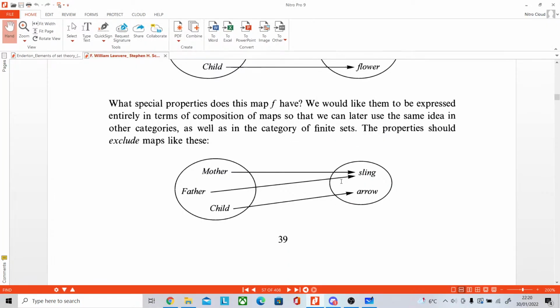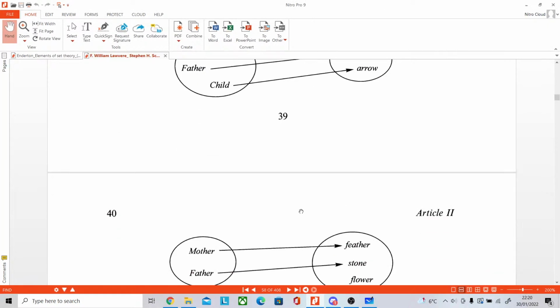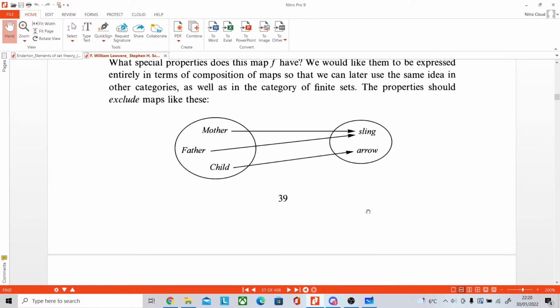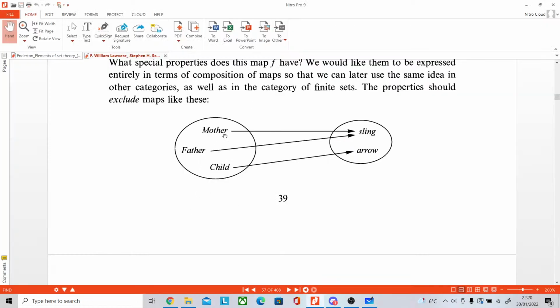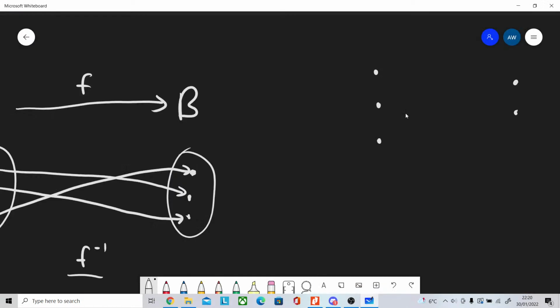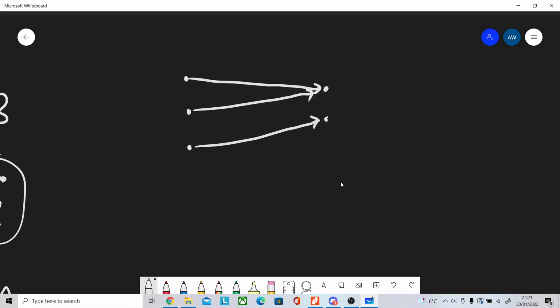We have examples like this and like this, which don't make things work. So for example, we have 3 objects and then 2 objects. These map here and here, and this maps here. Okay, so let's do the inverse map then. So we'll have the domain and codomain swapped. First element, see the problem now, there's 2 arrows.